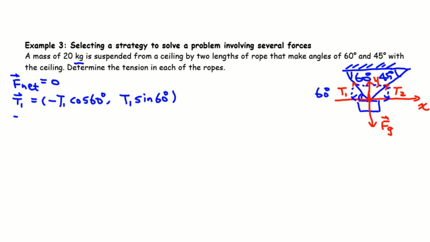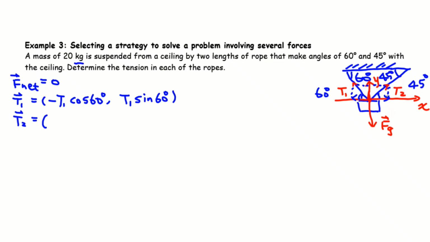Then the T2. The T2 is in the first quadrant, so both x and y will be positive. This Z pattern again gives 45 degrees formed with the x axis.